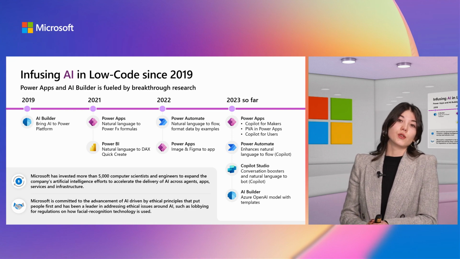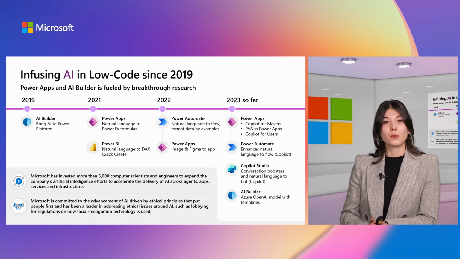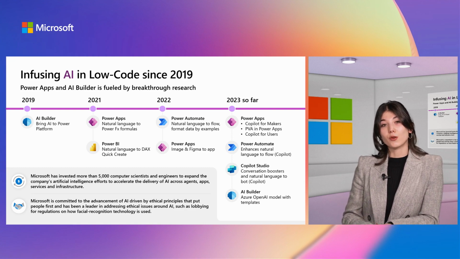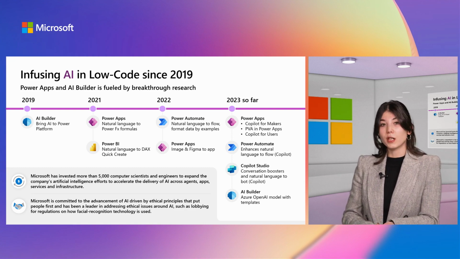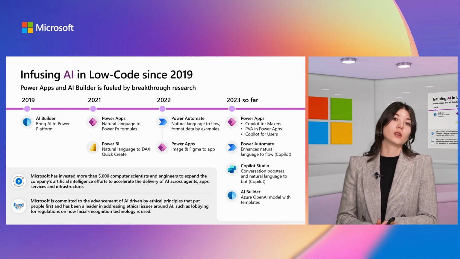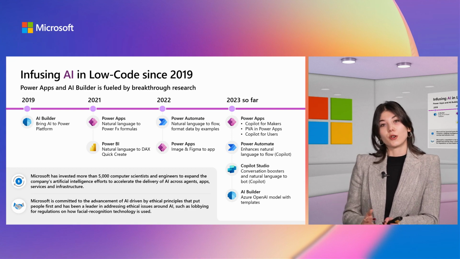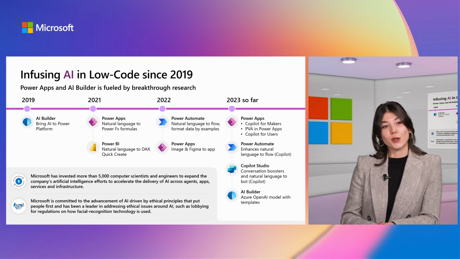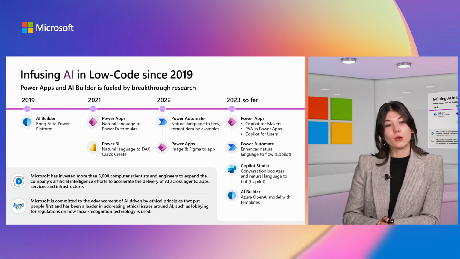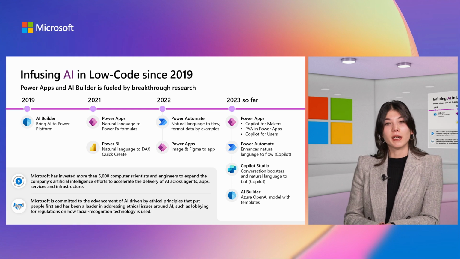Slowly we progressed into natural language processing, and with that you can describe in natural language what you would like your application to do, for example, or what you would like your automation to do, and our software will help you get quick started. And today we're going to be focusing on the far right-hand side.